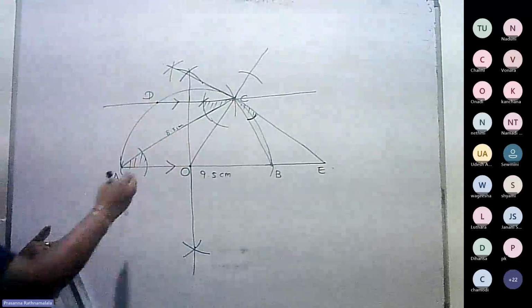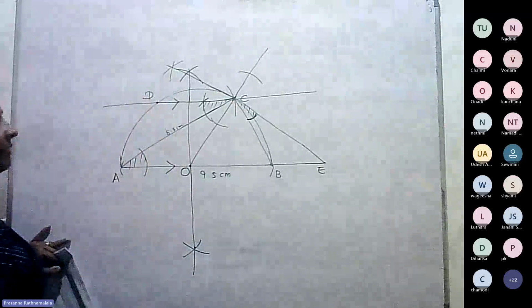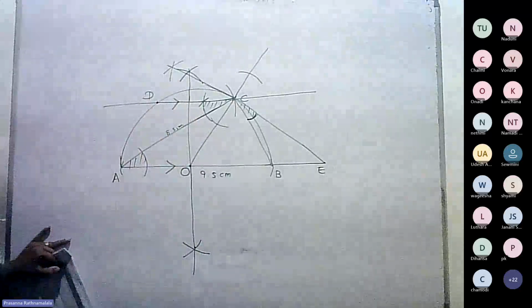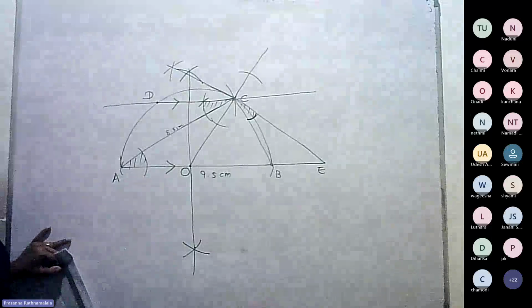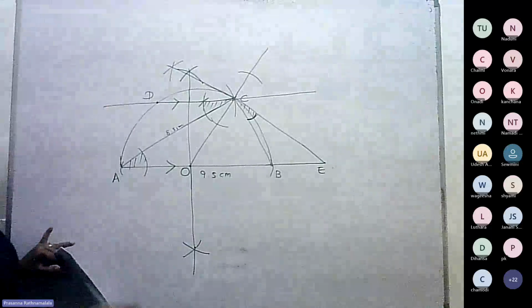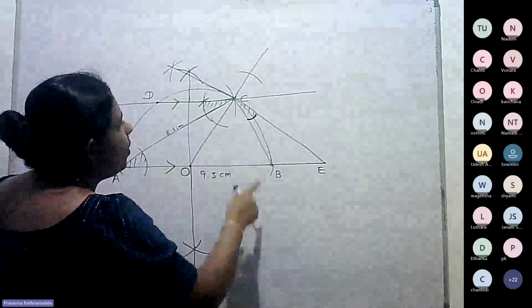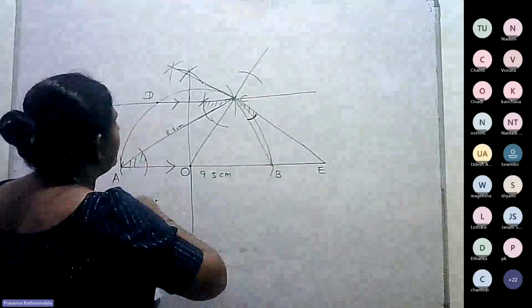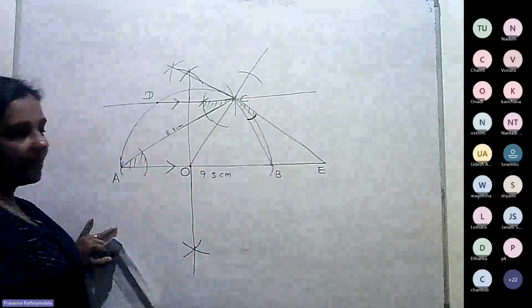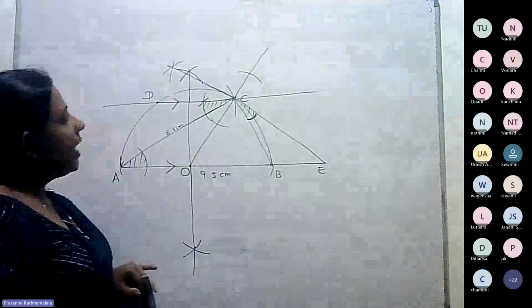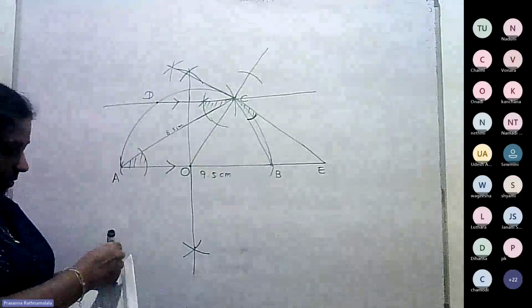These two lines are parallel, so they are alternate angles. Therefore, according to the axioms, you write, therefore BCE equals ACD. Then you can prove this relation.